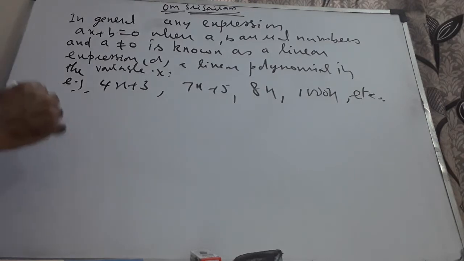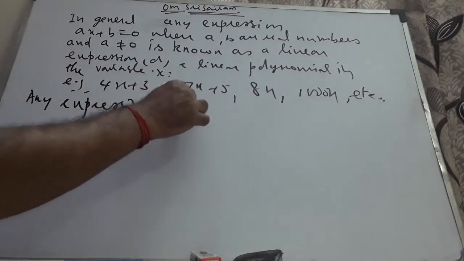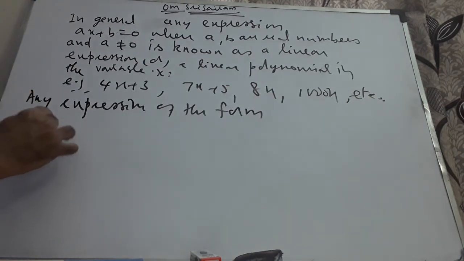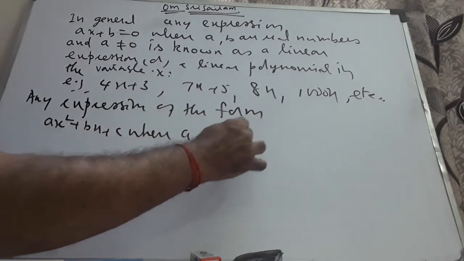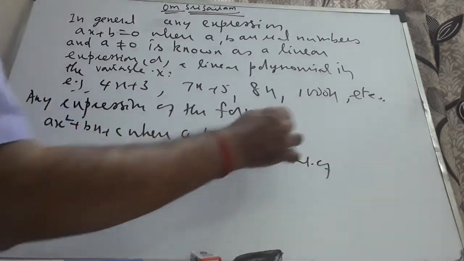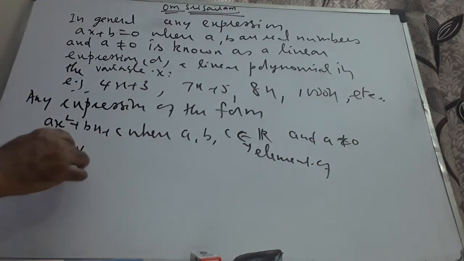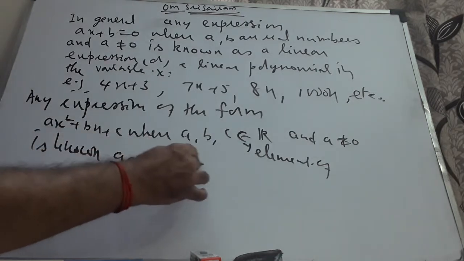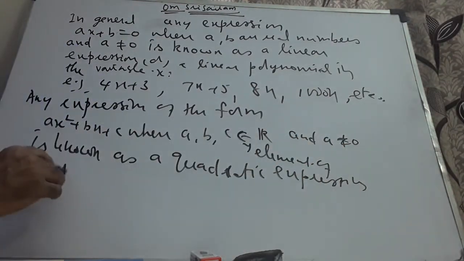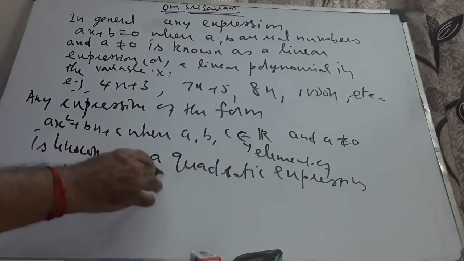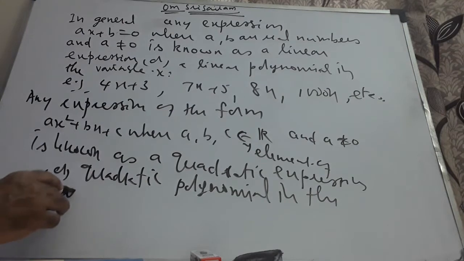Similarly, any expression of the form ax square plus bx plus c, where a, b, c are elements of R, and a not equal to 0, is known as a quadratic polynomial or quadratic expression in the variable x.